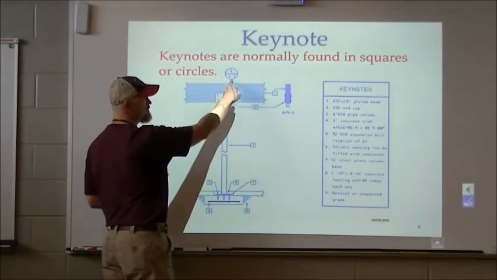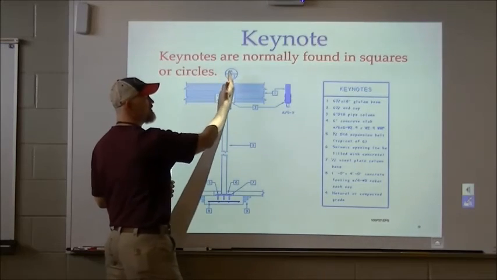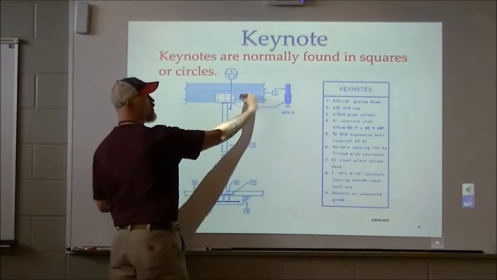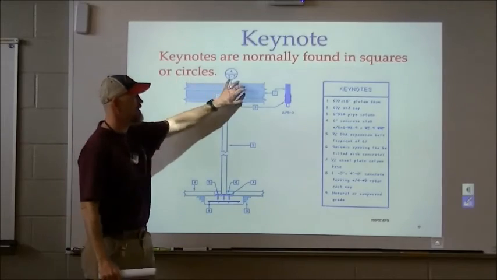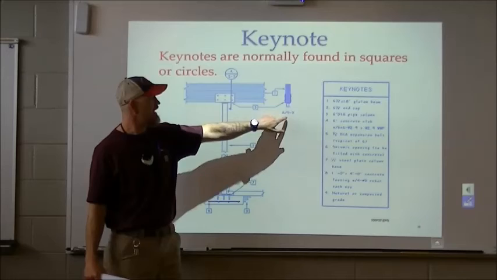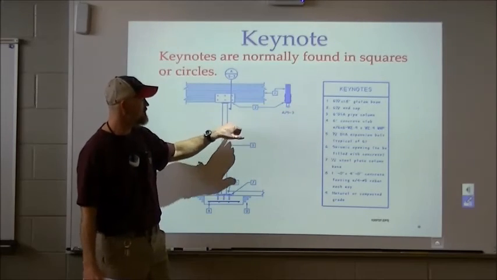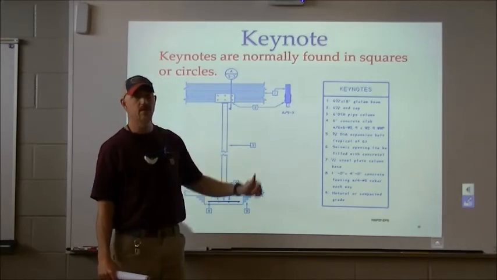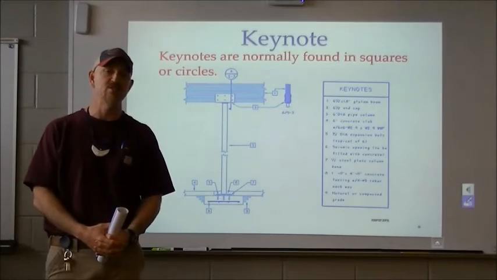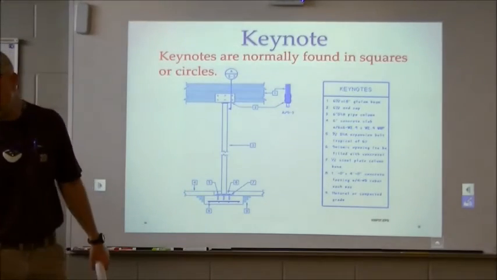What it will be, see this line here and the arrowhead pointing back that way, is it will be as if this were cut away and that part of it taken away, and we were looking at this side of a beam going this way. And right there it is. That's S-3. You see how we can see part of this pipe here at the bottom? And we're looking at this beam from its edge. And that's done to help us get information about how a certain thing is built and put together.